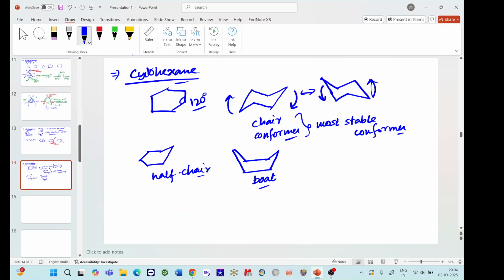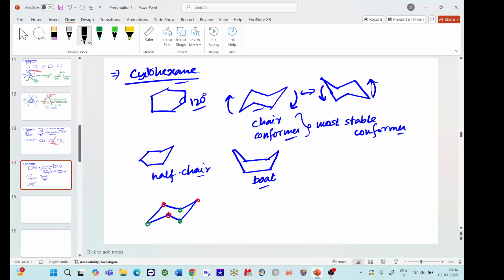Okay, so let me just draw once. Suppose you have normal cyclohexane. Let me first draw it. So you have one, two, three carbons on the top of the plane, and 3 carbons below the plane.